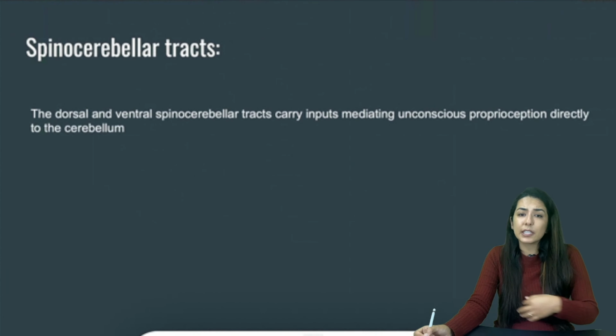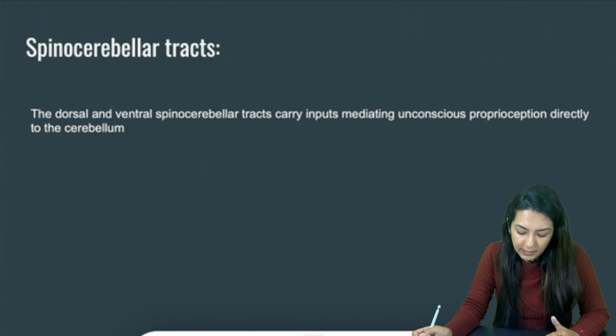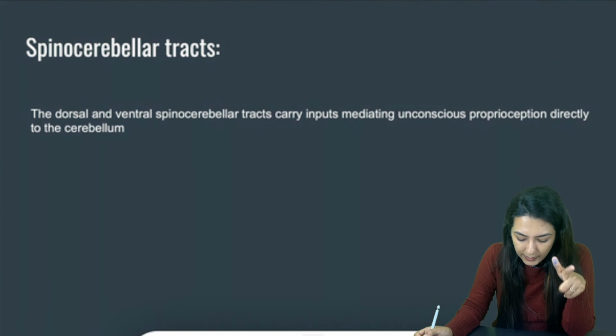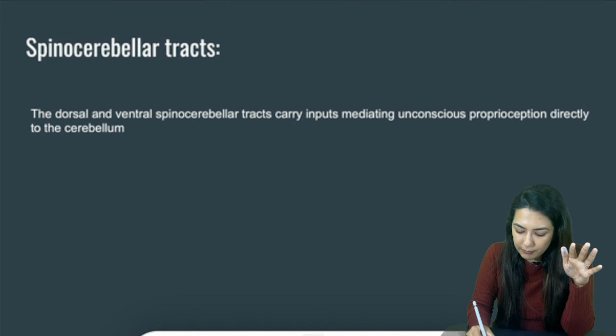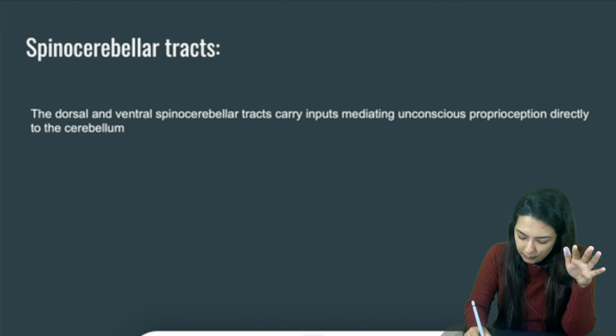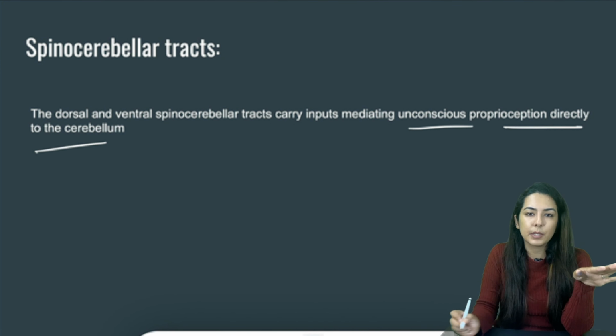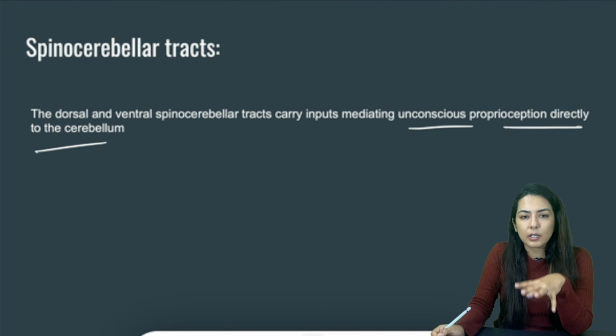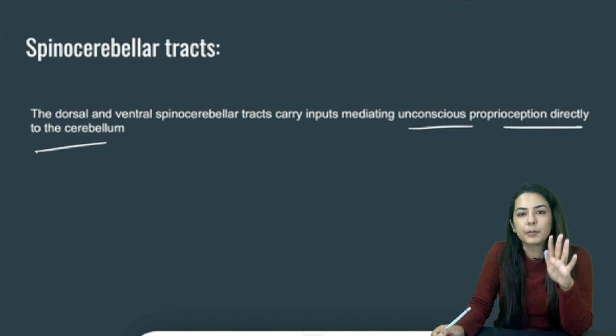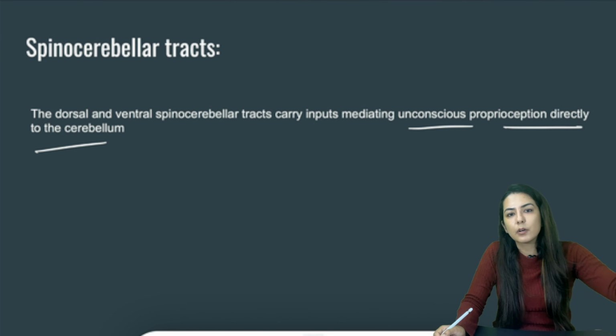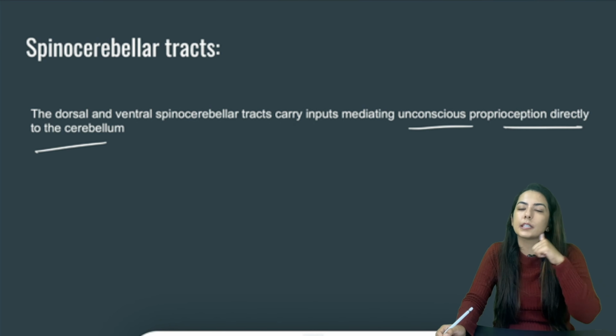Now, spinocerebellar tract. There can be dorsal and ventral spinocerebellar tract. They are responsible for unconscious proprioception directly to the cerebellum. I have already told you this tract is not that important, but just remember that it travels from the spinal cord to the cerebellum: Golgi tendon organ to the spinal cord to the cerebellum.